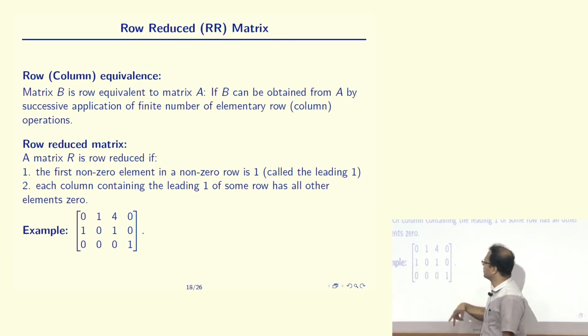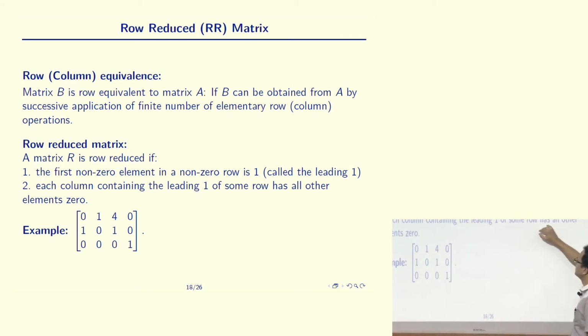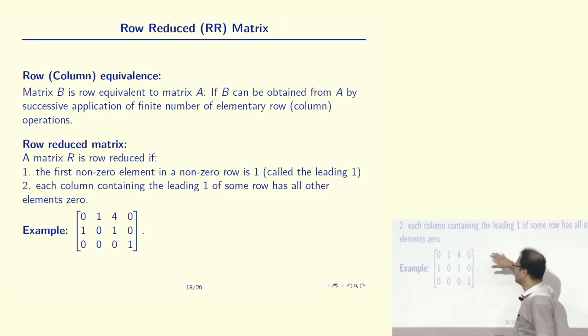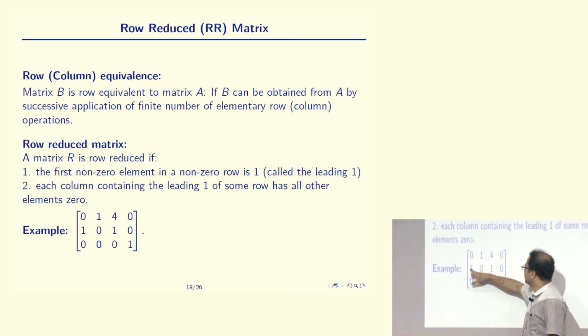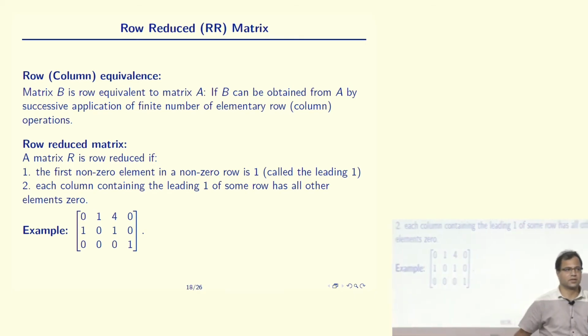So this is called the row reduced matrix. The first non-zero element in a non-zero row is 1, and in each column containing the leading one, the other elements will be 0. Here the first element is 1, the other element is 0. And here the first element is 1, and the other element is 0. So this is called the row reduced.